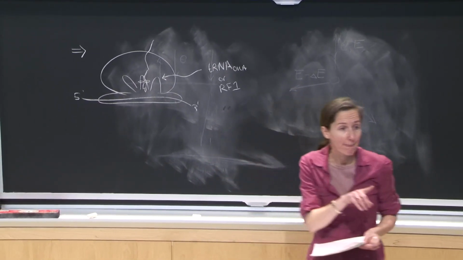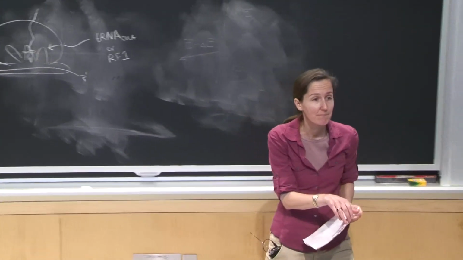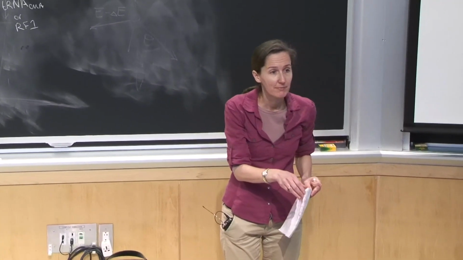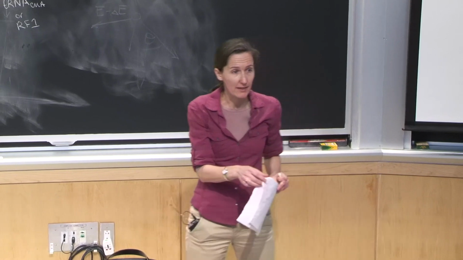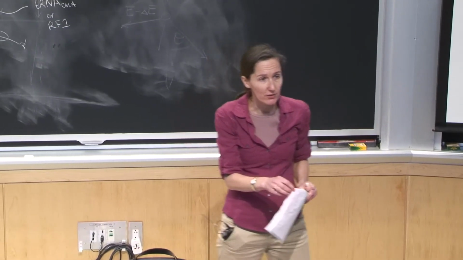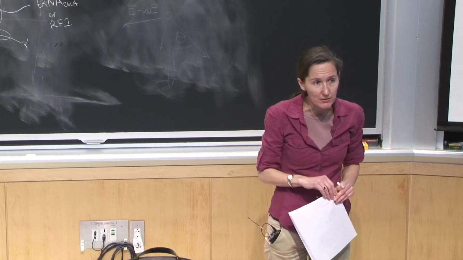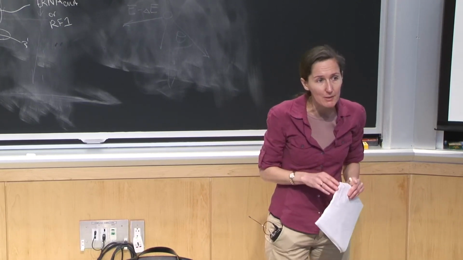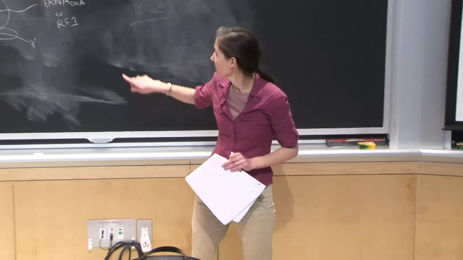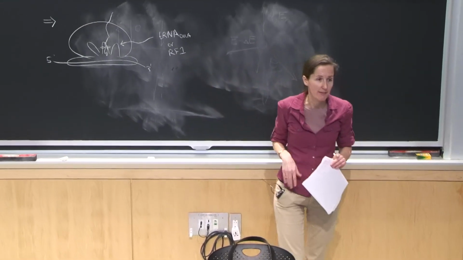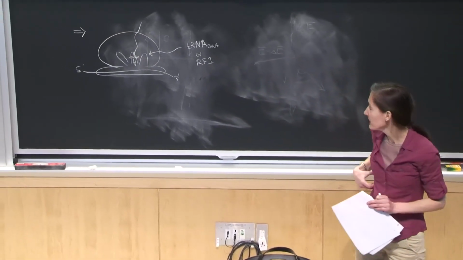Are the release factors different for different stop codons? Yes, so we discussed that, I think, in lecture 4. There's release factor 1 and release factor 2, and there are 3 different stop codons. They both recognize one of the same and 2 different, right? And in this case, release factor 1 recognizes the amber stop codon here.